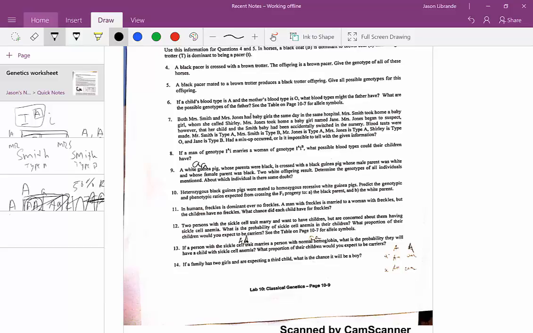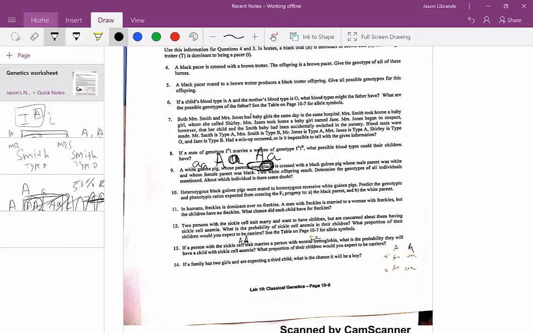So we know this white guinea pig with two recessive alleles had parents who were black. Okay. So if both parents are black, each of them gave one lowercase a allele. But we know they were black, so that means they have at least one uppercase A allele.